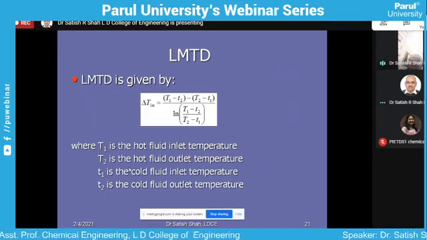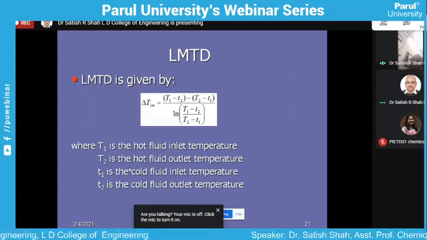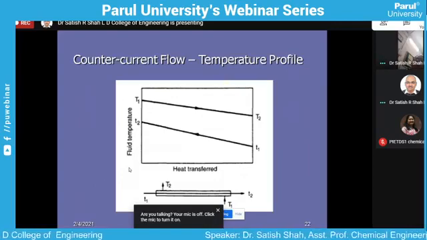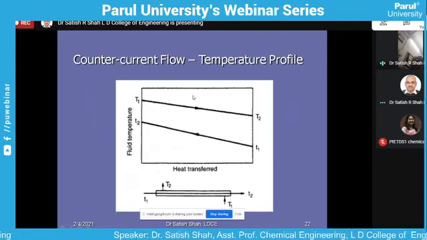So you can straight away calculate using delta T1 minus delta T2 upon ln of delta T1 upon delta T2. This is the calculation of LMTD that you must be knowing also. Okay. So when we have completely counter-current flow, then this T1 will go to T2 and this T1 will go to T2 like this, and you will calculate LMTD accordingly.